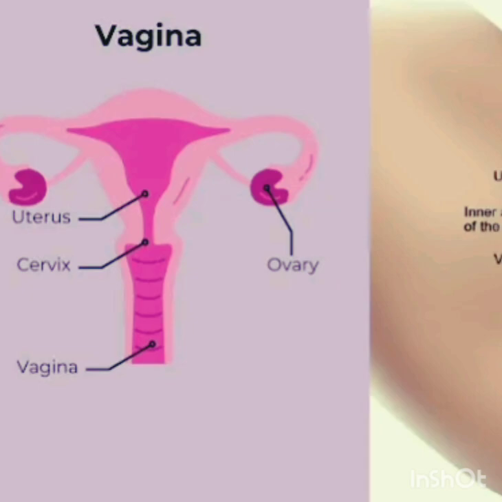That embryo continues to grow, and during the first trimester, organs are formed and the child is formulated. The normal pregnancy takes 40 to 41 weeks.